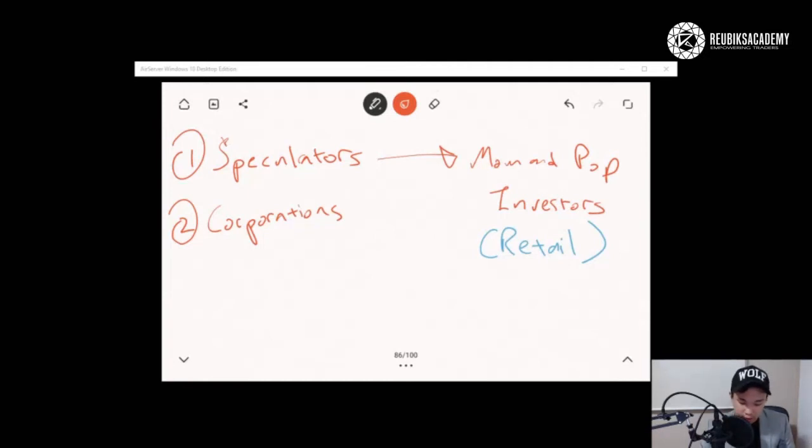These are big businesses. If they are small medium enterprises or small enterprises, then they still belong under the speculator bracket. Only when the valuation of the company is at least 10 million and above can you be considered a corporation level participant in the capital markets. So these are your companies.